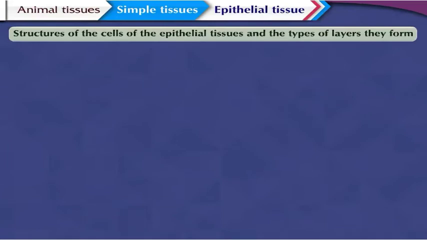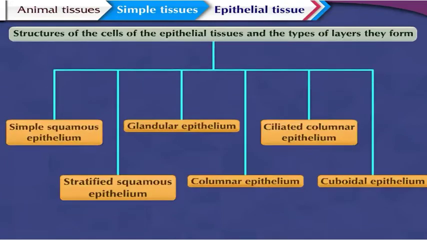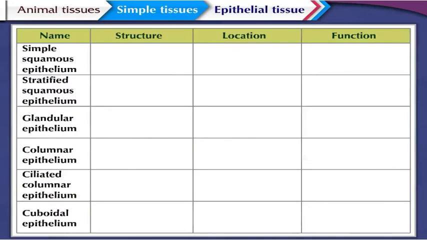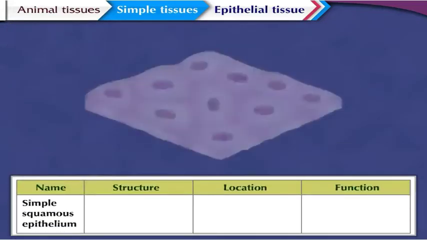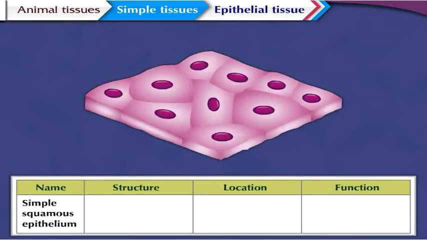On the basis of the structures of the cells of the epithelial tissues and the types of layers they form, they can be of different types. With the help of this table, let us understand the structure of the epithelial tissue, their location, and functions. Simple squamous epithelium.